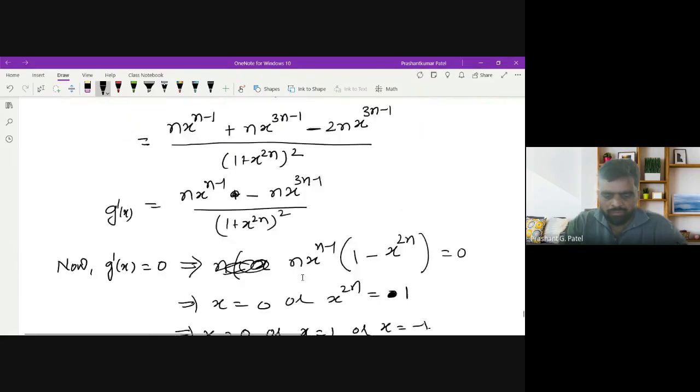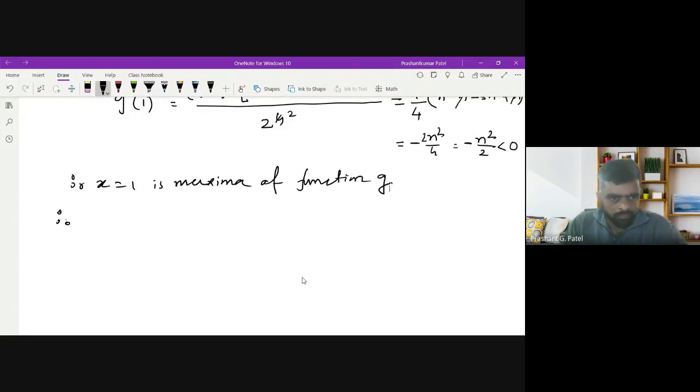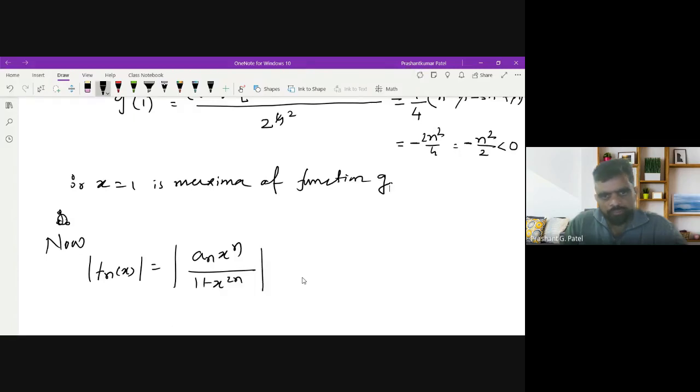So therefore g of 1, so hence what we can say, therefore, mod of fn of x, which we have, is mod of an x^n upon 1 plus x^(2n), will be less than or equal to mod of an into g of 1, because the maximum value of this x^n upon 1 plus x^(2n) will be mod of g of 1.